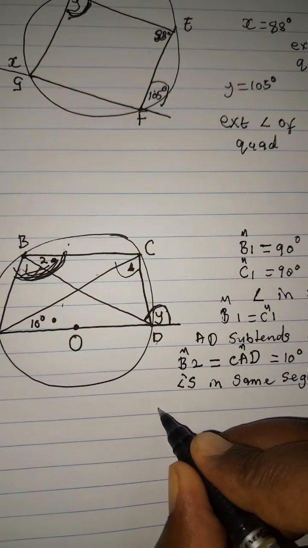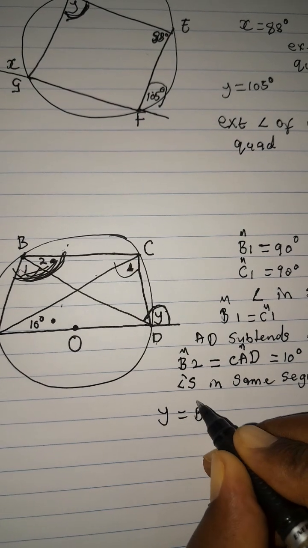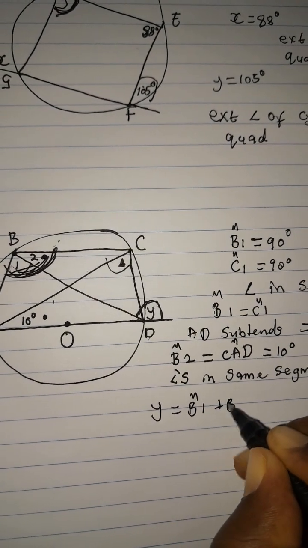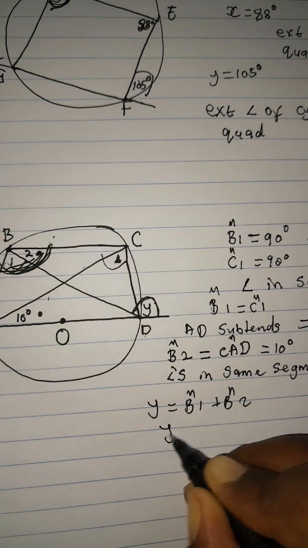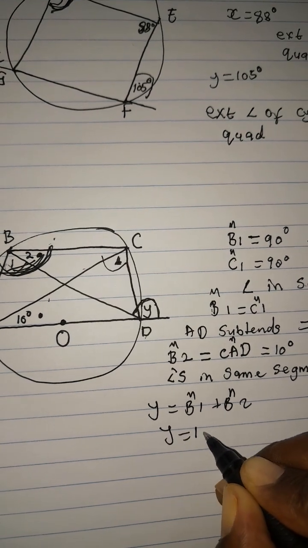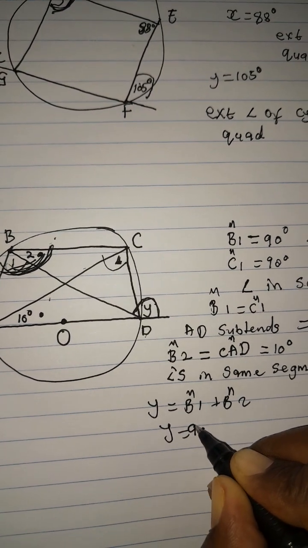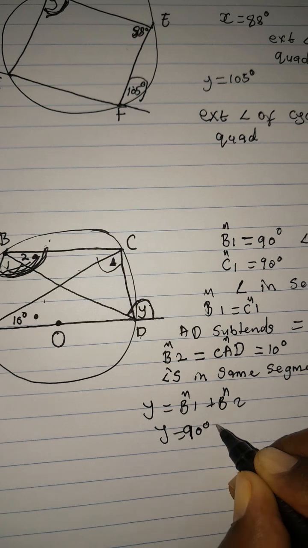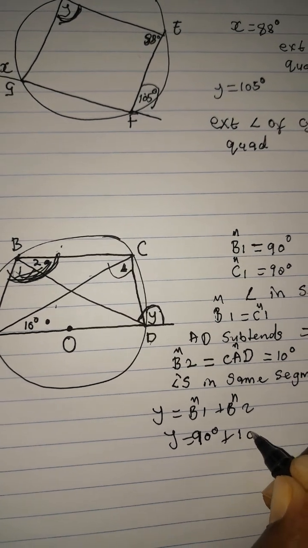So in this case, y will be equal to angle B1 plus angle B2, where we know that angle B1 is 90 and angle B2 is 10.